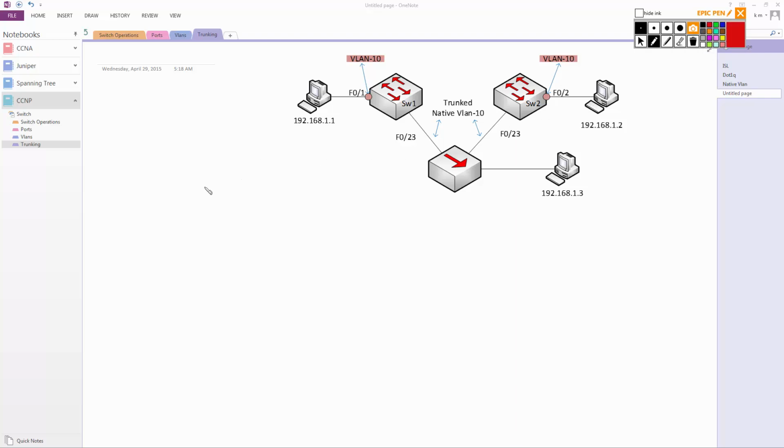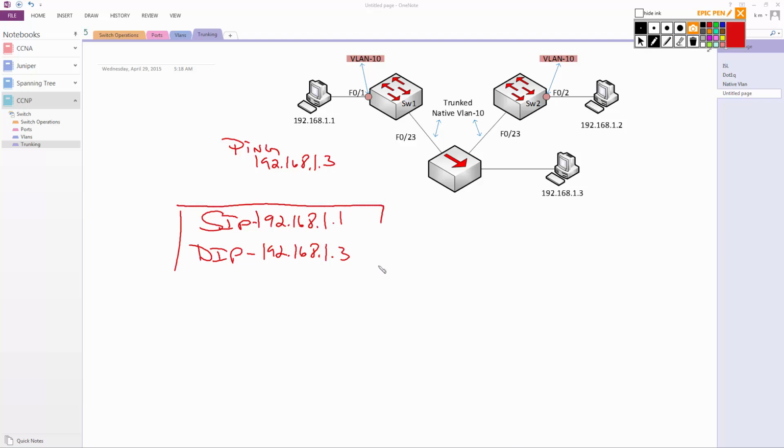Now, PC1 is going to ping. Simple command. Ping 192.168.1.3. So, what is my source IP? 192.168.1.1. My destination IP is going to be 192.168.1.3. All right, this is my layer 3 information.